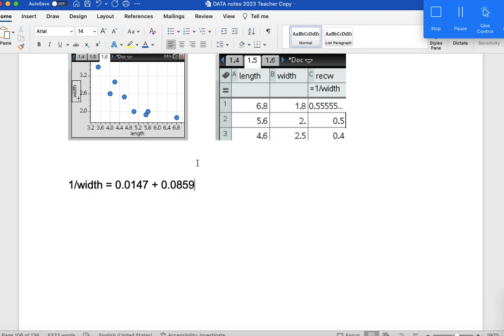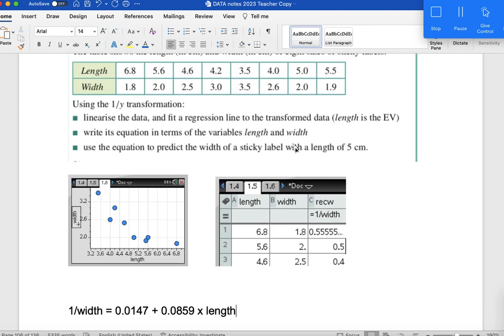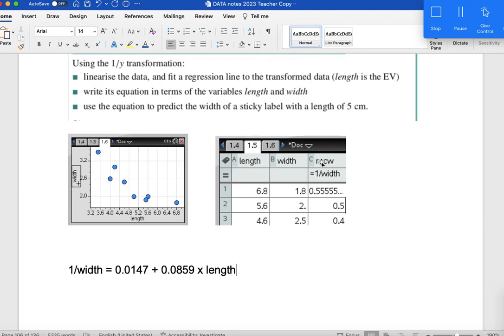Is that correct? Yep. And then we're going to say times the length. Okay, so that's our formula. Now, it says write in terms of length and width. We've done that, the new equation.